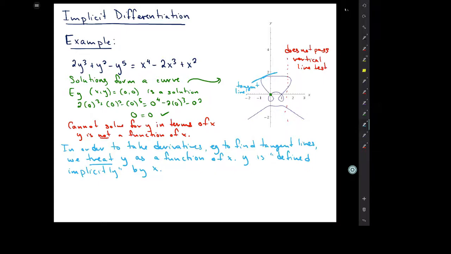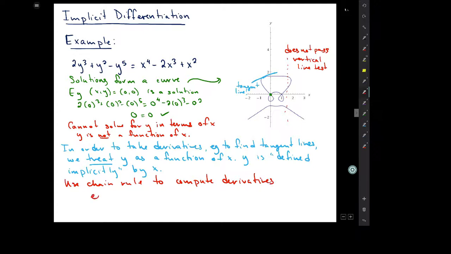So the idea is if we're going to treat y as a function of x, if we're going to take its derivative, we need to use the chain rule to compute derivatives.